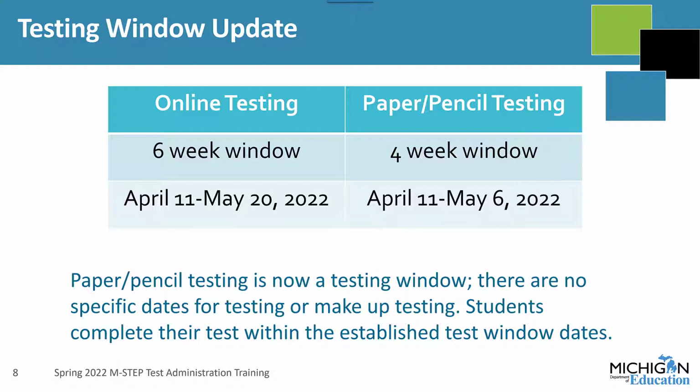Also, OEAA has continued the paper-pencil testing window. This means there are no longer specific paper-pencil testing dates and associated makeup dates. All students may complete their paper-pencil test on any school day within the 4-week testing window. Schools must follow the testing windows, paying particular attention to the shorter 4-week window for paper-pencil testing.